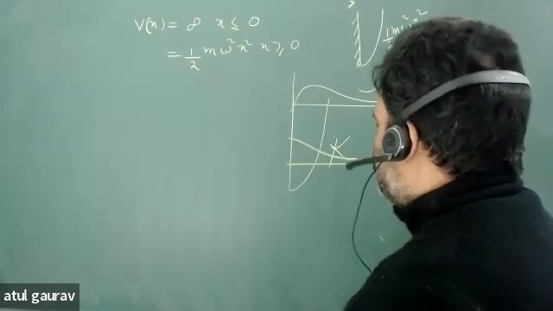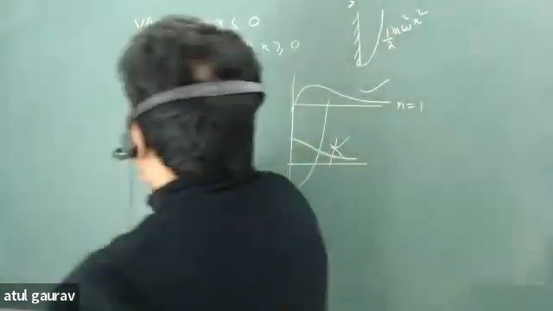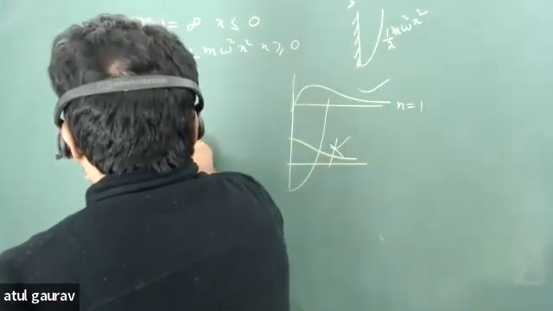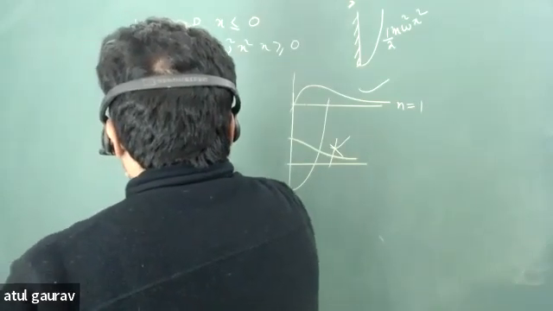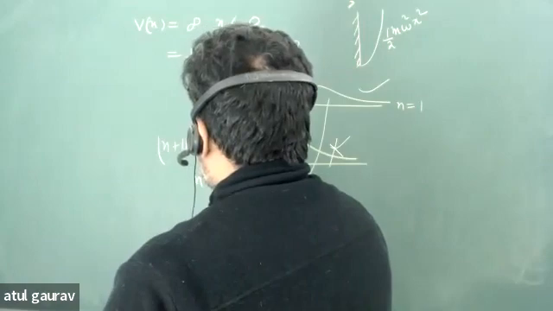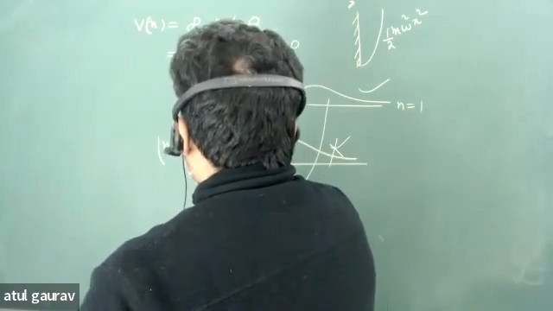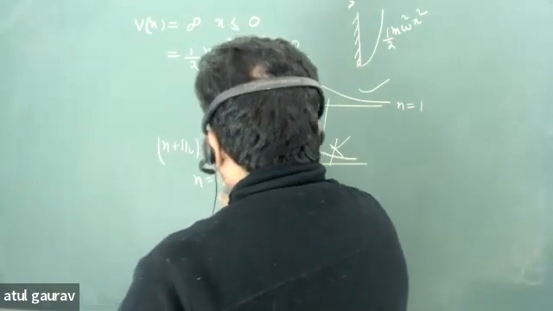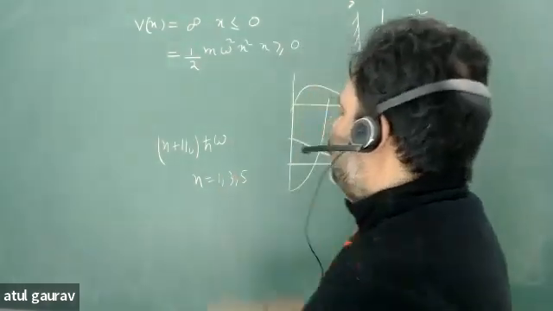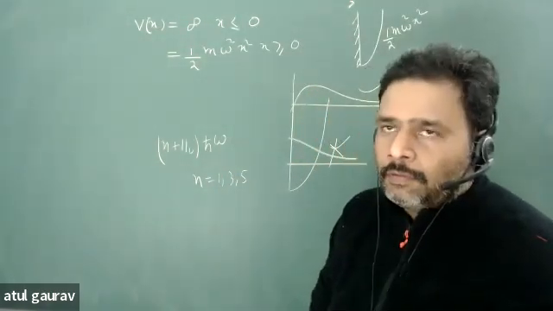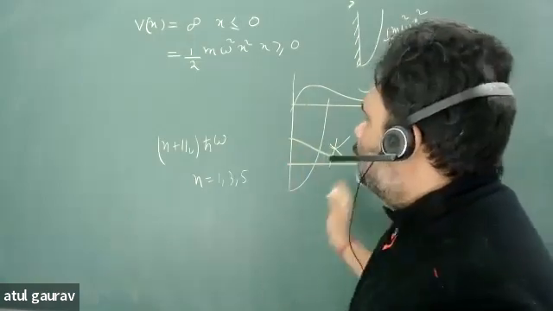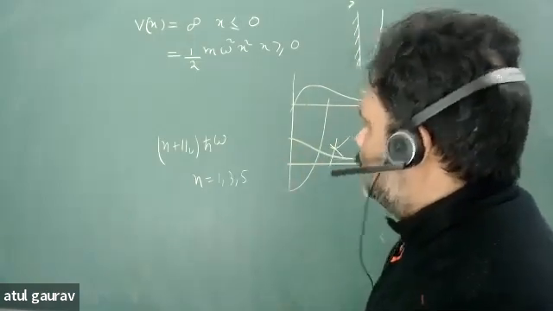Yes. So your energy eigenvalue can be written as (n plus half) h cut omega. And what are the values of n? 1, 3, 5. Only odd quantum numbers are allowed for this type of semi-parabolic potential.